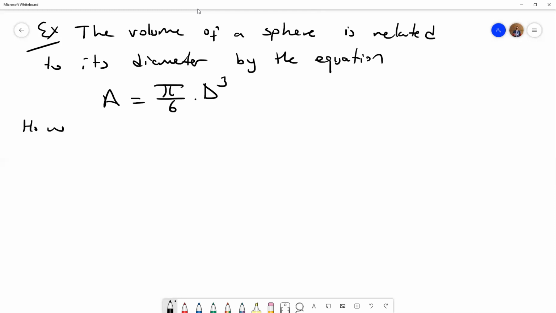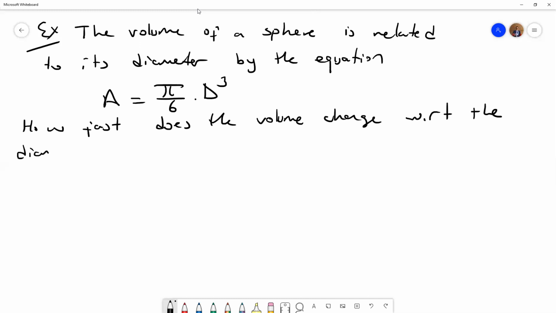Question is, how fast does the volume change with respect to the diameter when diameter is 2 meters.